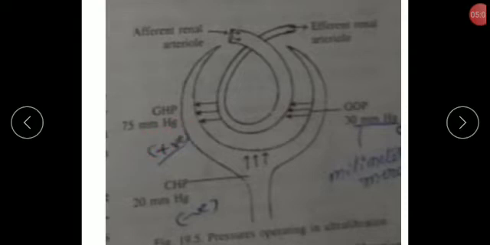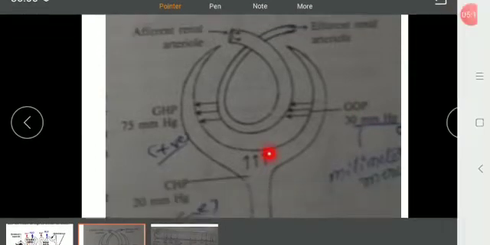GOP plus CHP is 30 plus 20, which is 50. So when we subtract these two from the GHP, the remaining net filtration pressure will be 25 mmHg.